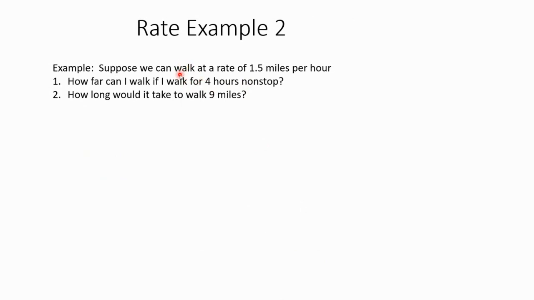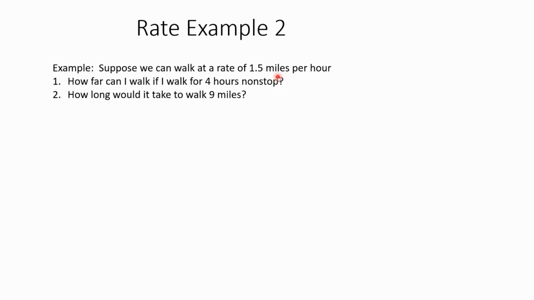So let me say it again. We're walking at a rate of 1.5 miles per hour, and we want to know how many miles we can walk if we're going to walk for 4 hours nonstop, assuming, of course, we're walking at this rate, which is what we're assuming.